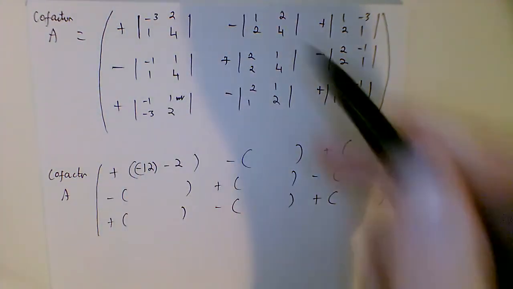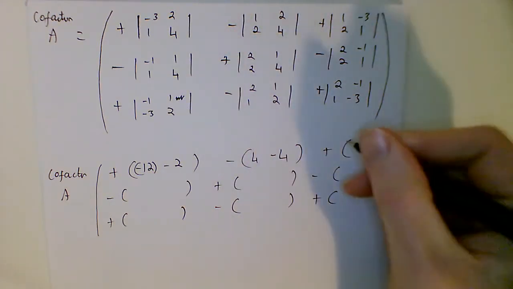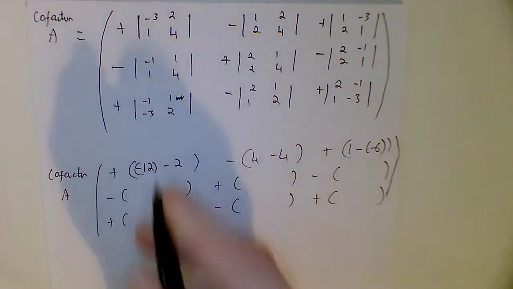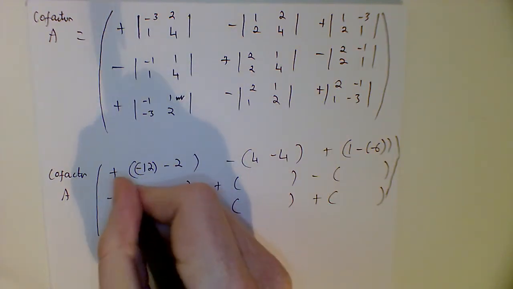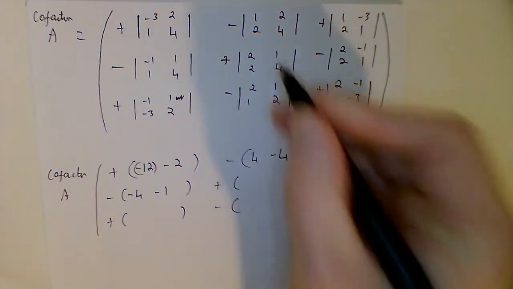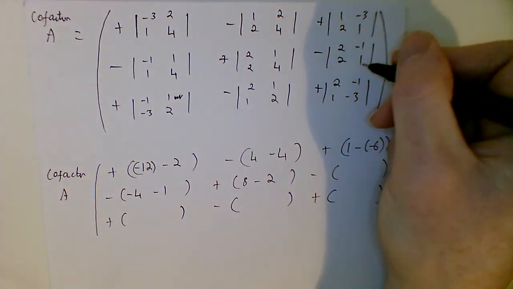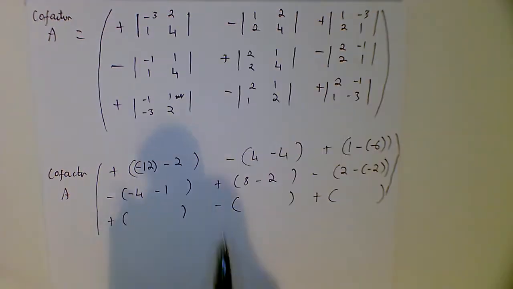Right, so here, negative 12, subtract 2. 4, subtract 4, and 1, take away negative 6. Then we've got negative 4, take away 1. 8, take away 2. 2, take away negative 2. Watch the double negative there.